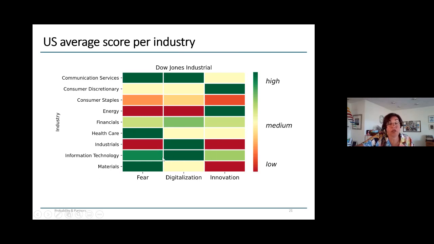Tech also not, and yet energy, for example, consumer staples, that's kind of highly impacted. But I'm going to go through this a little bit more at the end of my presentation, when I'm going to show you how this changes when we split the companies by less or more sustainable, and how they fared in this crisis, whether there is something different going on from that perspective.